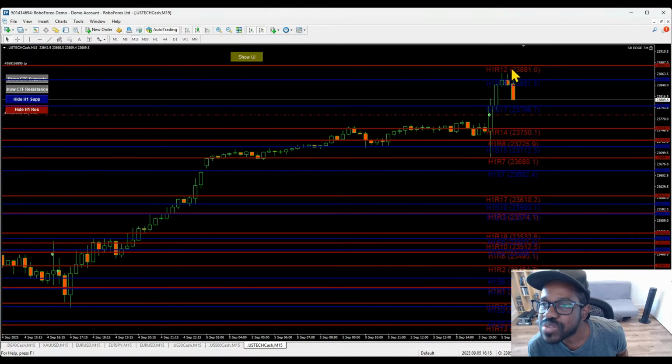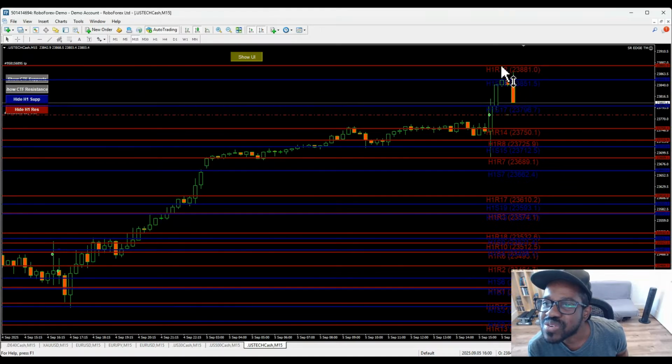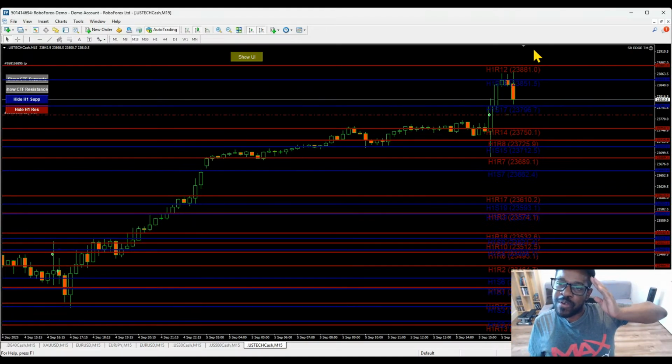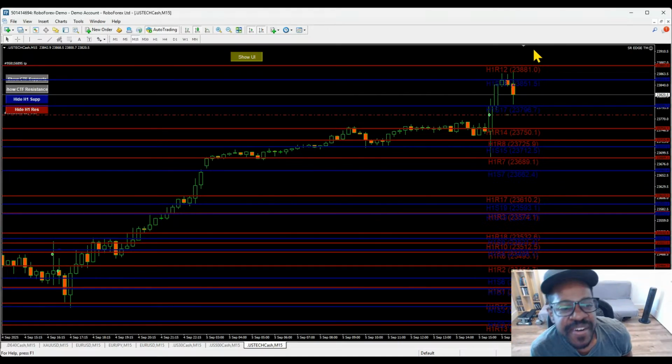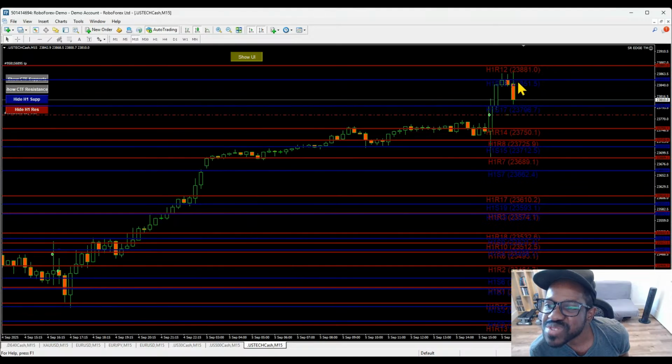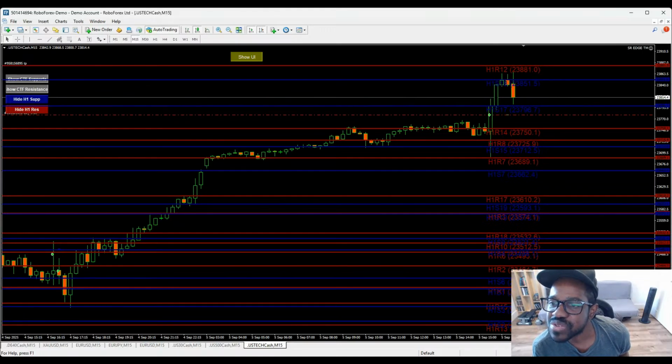So we had an H1 reverse resistance and an H1 previous support. So, like I said, if you have those two next to each other, those are powerful moves. So now it's trading within that previous support here on the H1, but it should be breaking out of it and continuing going down.